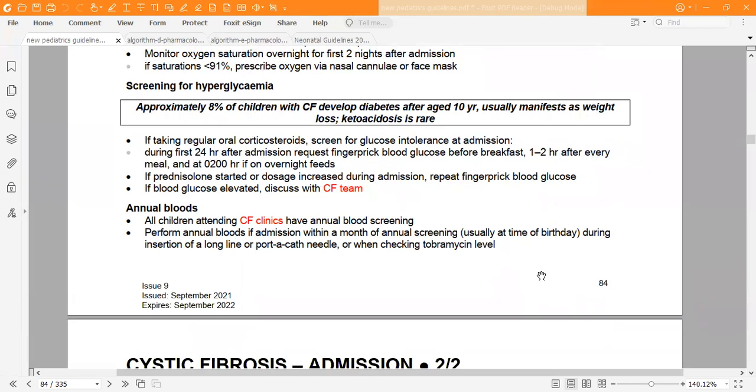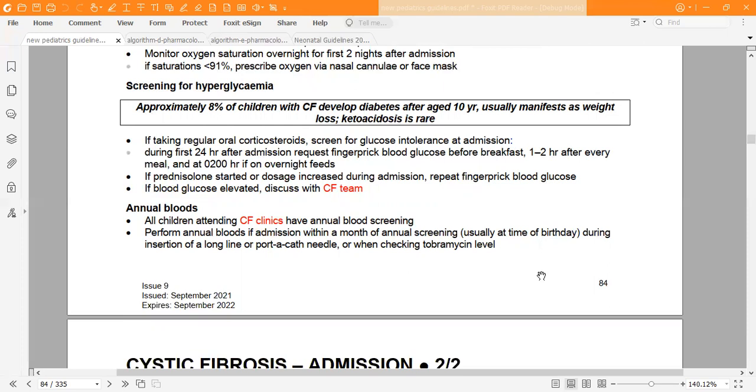Annual bloods. All children attending CF clinic have annual blood screening. Perform annual bloods if admission is within a month of annual screening, usually at the time of birthday, during insertion of a long line or portacath needle, or when checking tobramycin level.